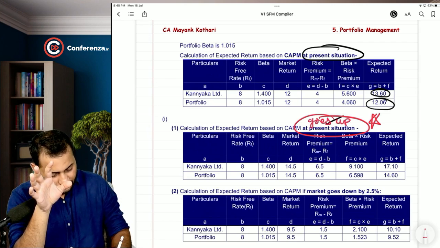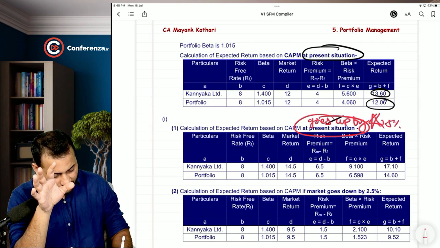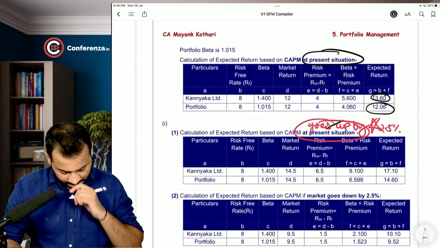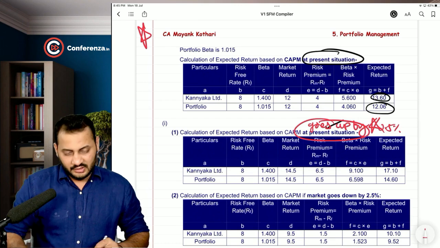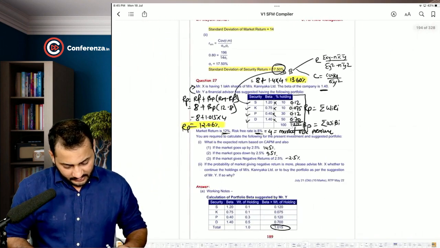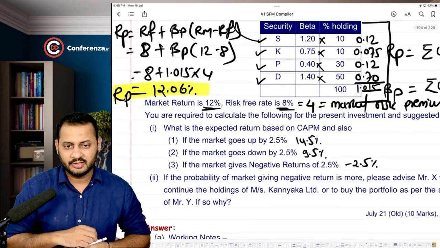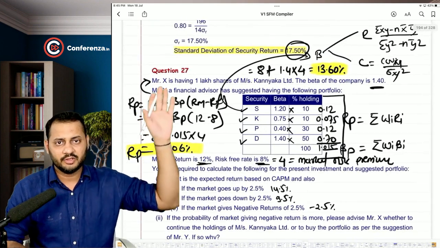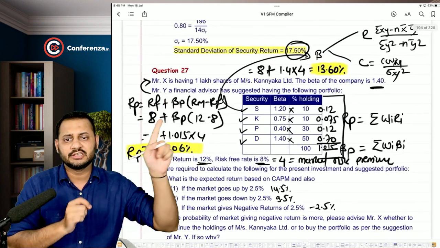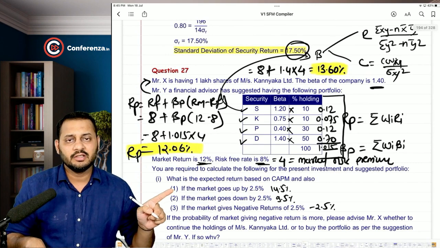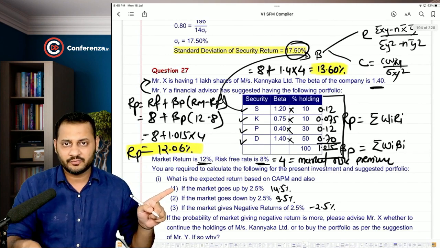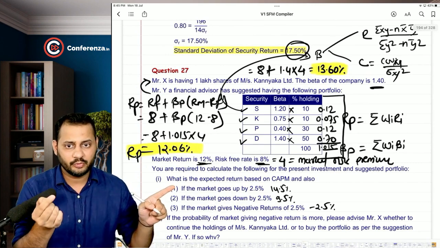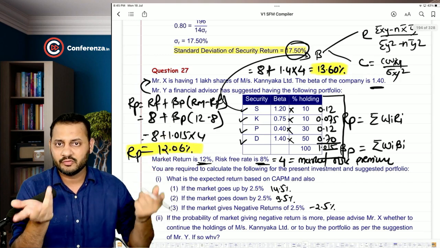Goes up by 2.5%. Do you really think there is something difficult in this question to find out the answer? In whatever calculation you have made, you just have to change the market return. In this one, keep market return as 14.5 because it is going up by 2.5, so 12 plus 2.5, 14.5.